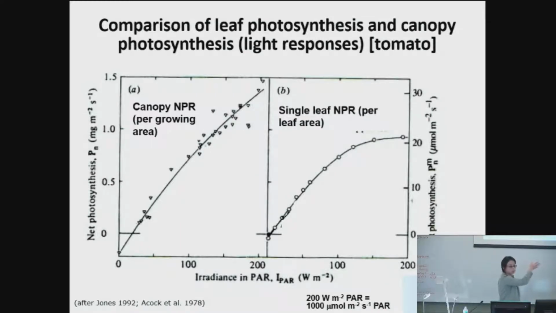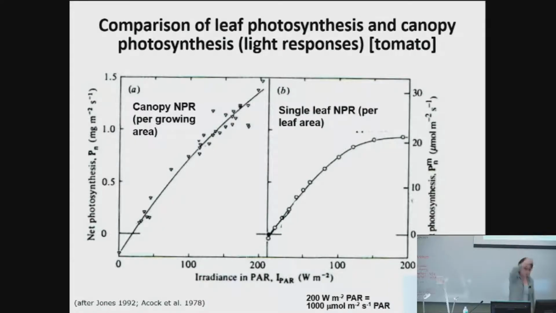The leaf response is the same one as you saw. The x-axis is the light intensity, the y-axis is the photosynthetic rate per leaf area base. The light intensity is the light actually hitting that particular leaf used for measurement. For canopy photosynthesis, the light intensity is the intensity over the canopy, the top of the canopy.